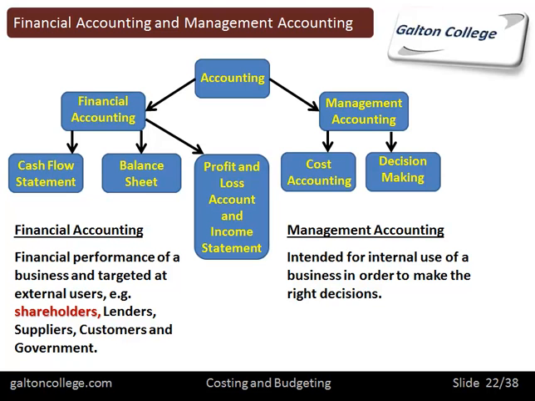So management accounting is intended for internal use of a business in order to make the right decisions. So management accounting helps decision making, whereas financial accounting is aimed at the external users of the information, the banks, the shareholders, the lenders, the suppliers, the customers, the government, the tax authorities. So we have two types, financial accounting and management accounting.